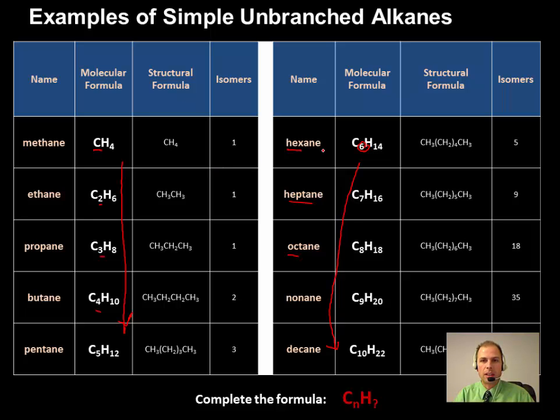In fact, if I were to give you, using the same format here, a simple unbranched alkane or a hydrocarbon that had a total of 12 carbons, how many hydrogens would you predict there to be? To do that, you got to understand the formula here. And so if we have n amount of carbons, what formula can you deduce from what you're seeing right here?